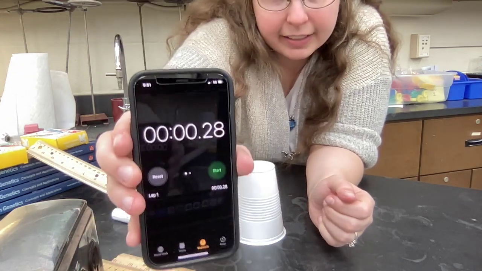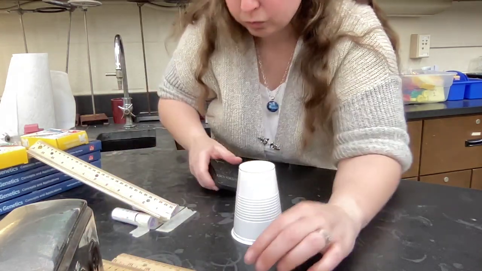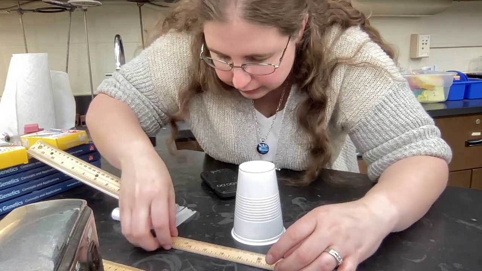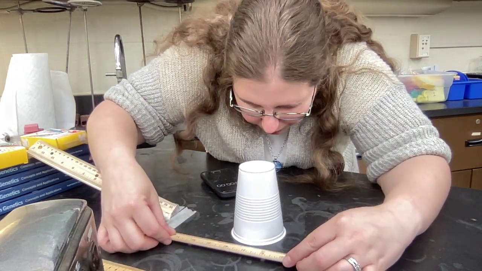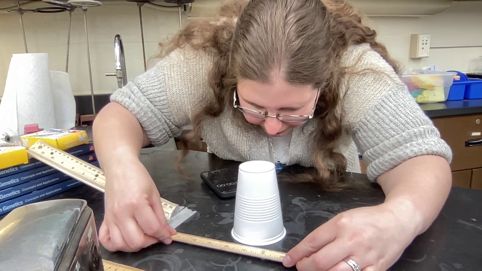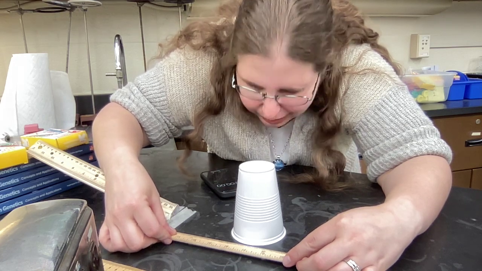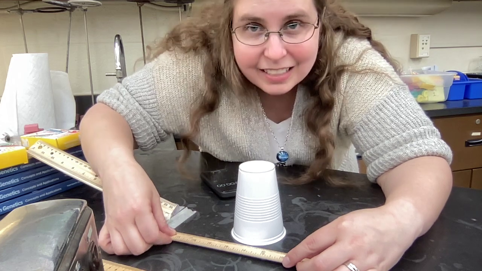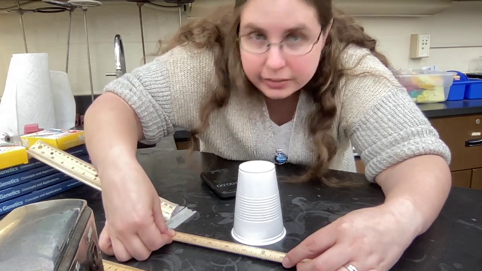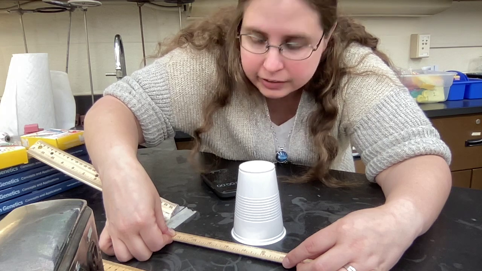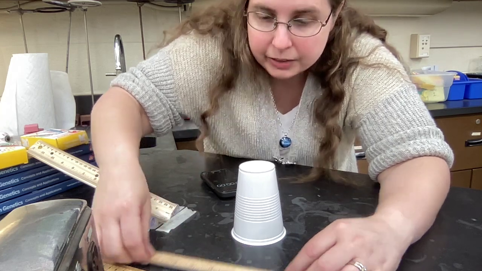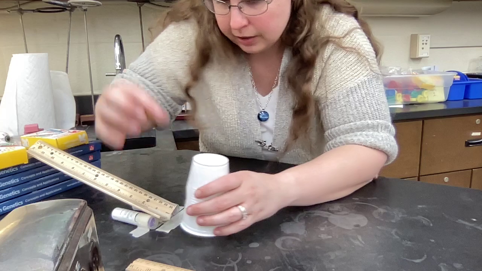And the distance is 8.6 centimeters. Don't forget to convert that to meters. All right, let's do trial 3.